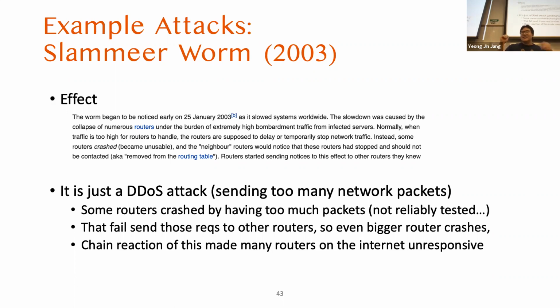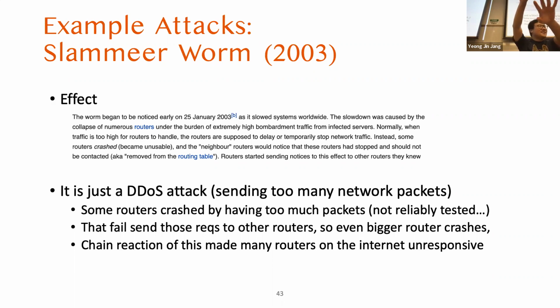But in this case, because the malware generates a lot of traffic, exponentially growing, some of the routers could not handle that. If the routers are well programmed and well designed, even if the volume is too much, they just slow down but keep making progress. But some of the routers were not tested well for that kind of extreme scenario, so some of the routers failed.